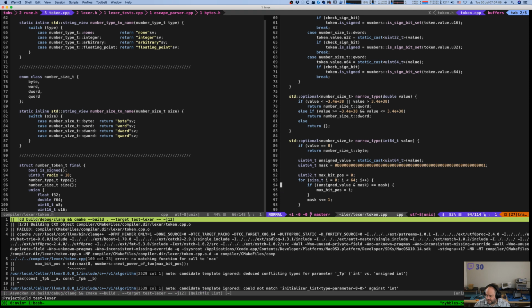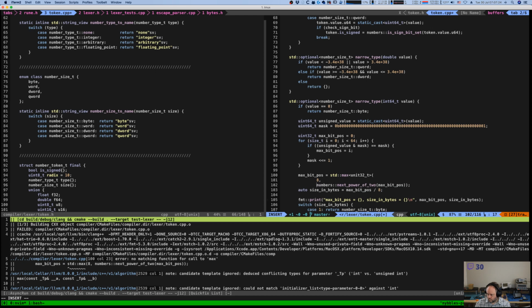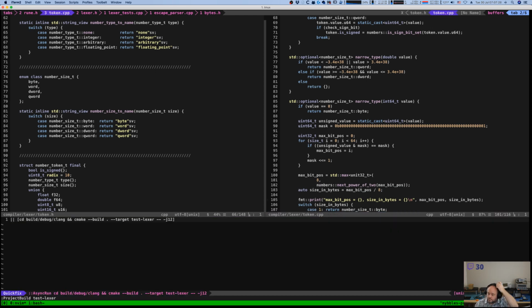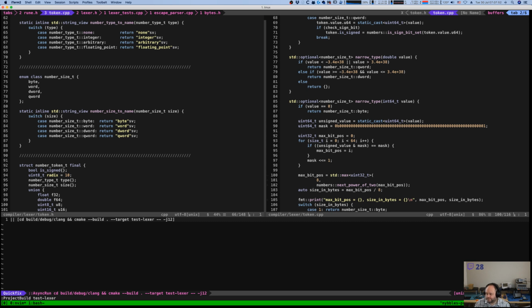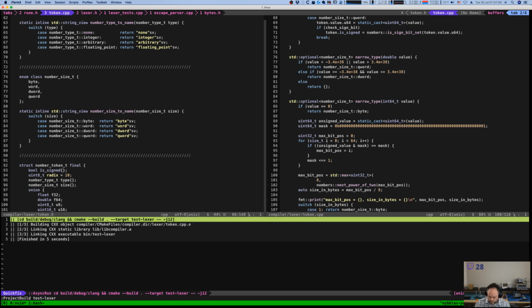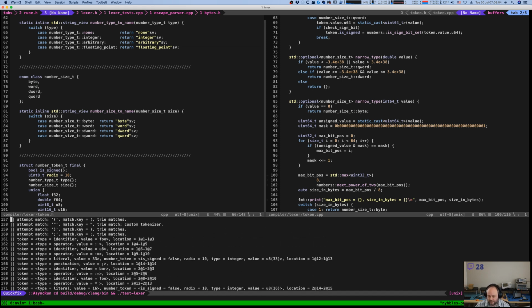Smallest size is 8. Helps if I spell it right. There we go. Right. That's good.